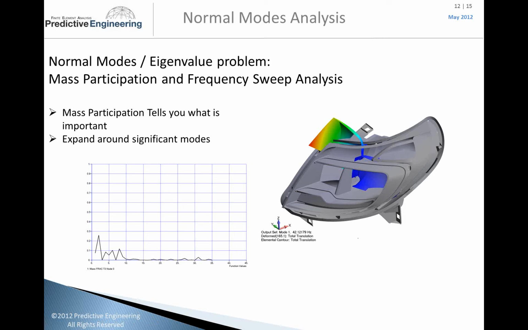A lot of classic people will just look at the mode shape, because only loads in the direction of the mode shape are going to excite it. And that's another concept: if your loads are at right angles to the mode shape, they have no effect upon that mode. You get a free pass.